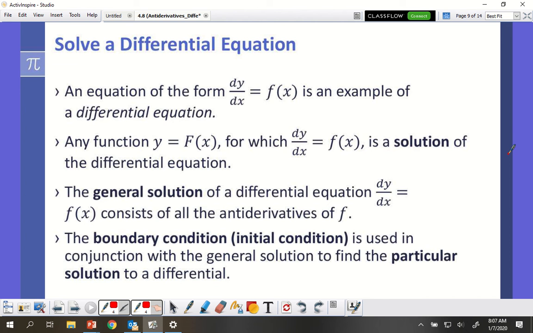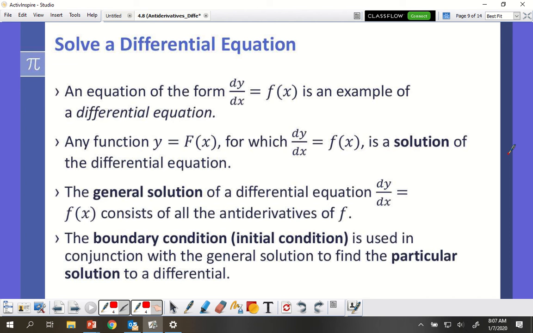The general solution of this equation consists of all the antiderivatives of f. The reason it says all the antiderivatives is because there's a plus C. That plus C could be anything, right? So that is a general solution.